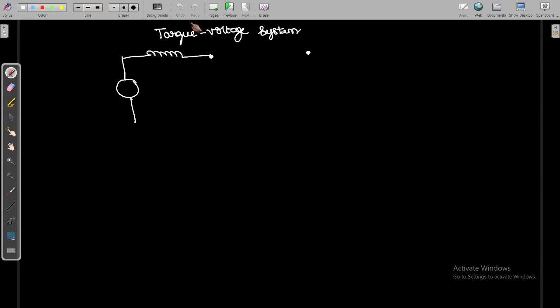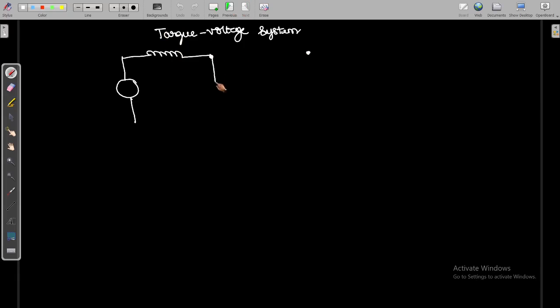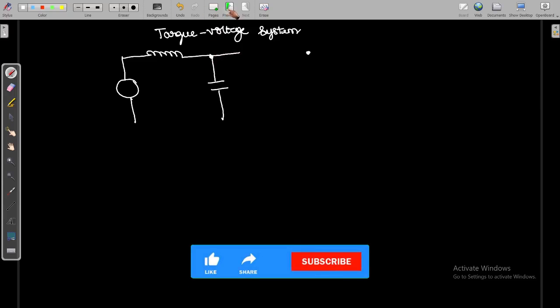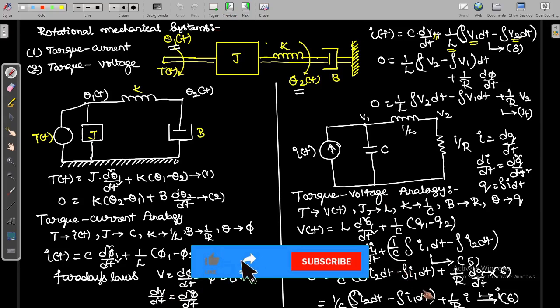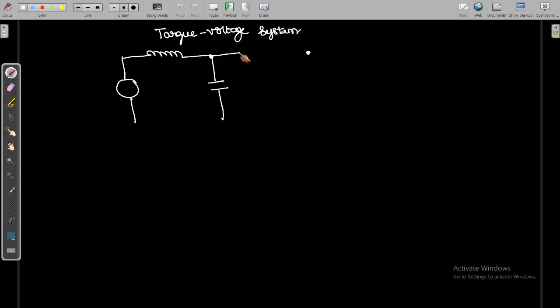After that, between I1 and I2 there is a capacitor connected, so you have to connect a capacitor here between I1 and I2. Then another element, one resistor, is connected for the next current. So like this you can connect the torque voltage analogy.